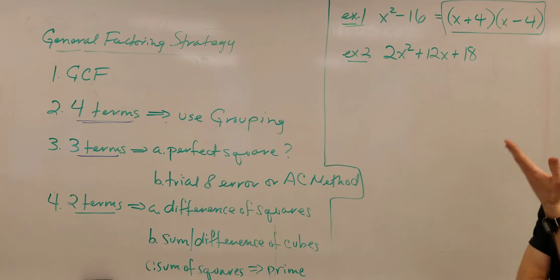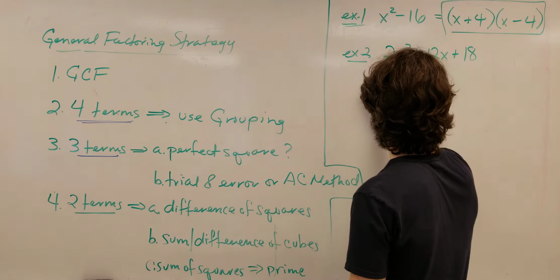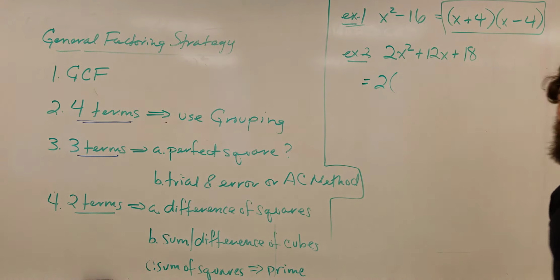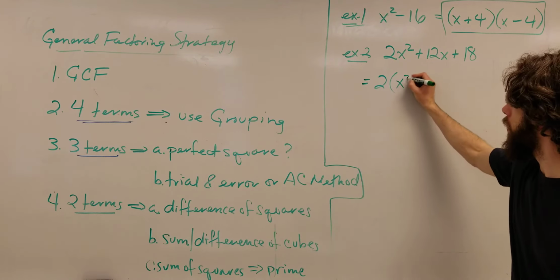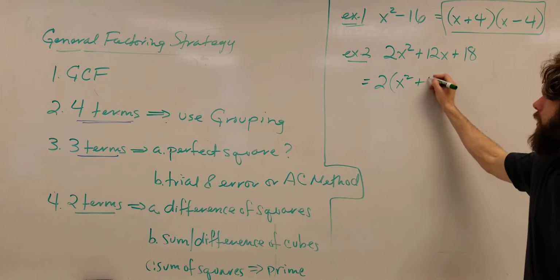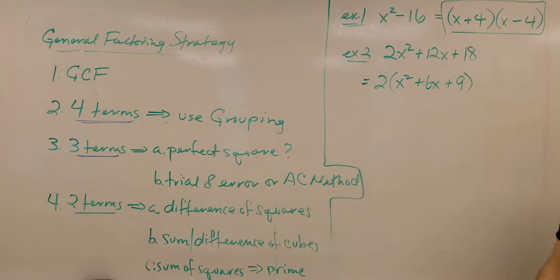So, the first thing we might notice is every coefficient is divisible by 2. So that is a GCF. Let's pull the 2 out. What is left? We have x squared plus 6x plus 9.